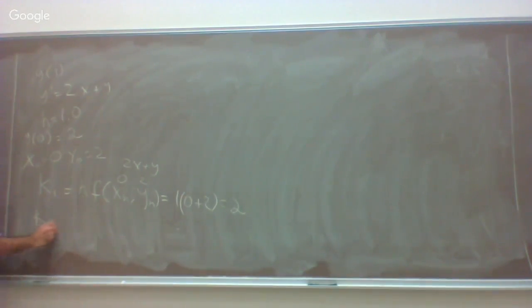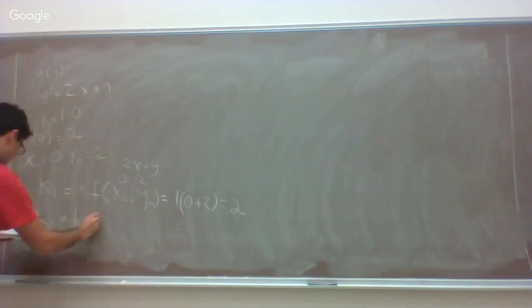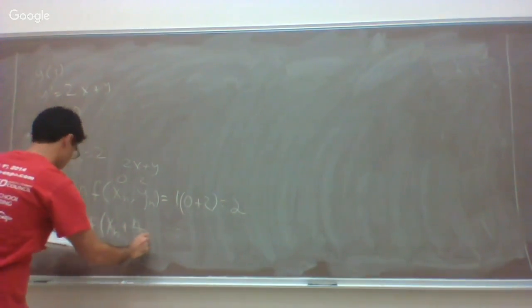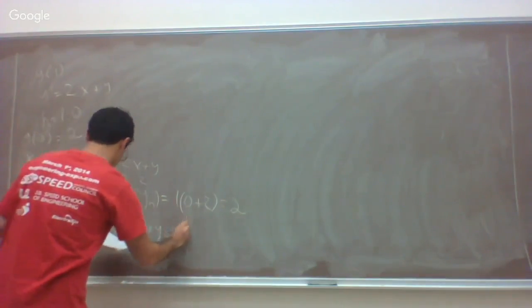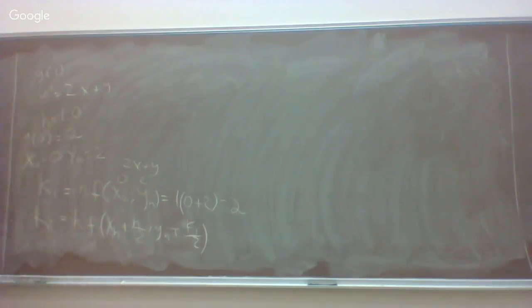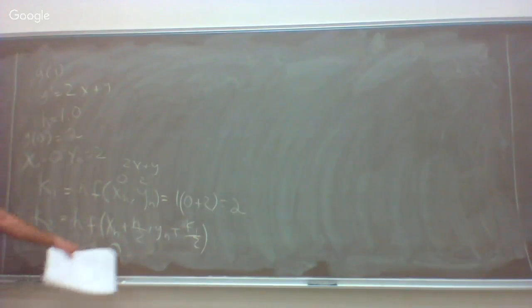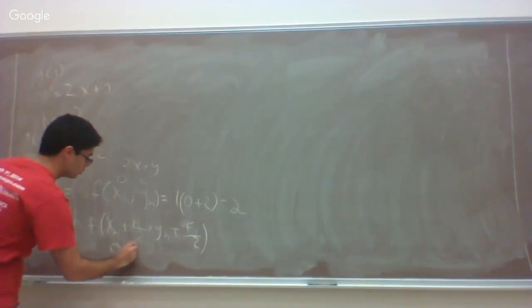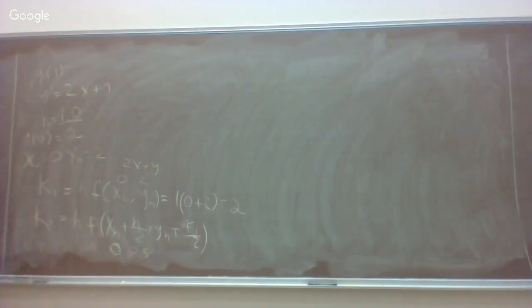My k2 value is h times the function of x sub n plus h over 2, comma y sub n plus k1 over 2. My x sub n value, again, is a 0. My h value is equal to a 1. 1 divided by 2 is equal to 0.5. My y sub n value, we know, is a 2.